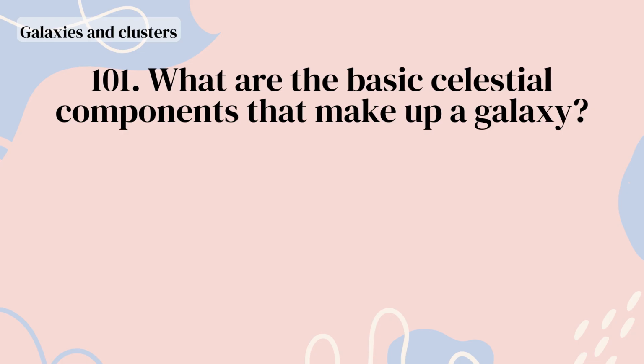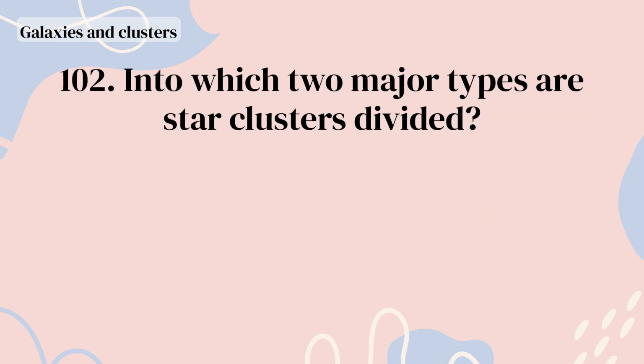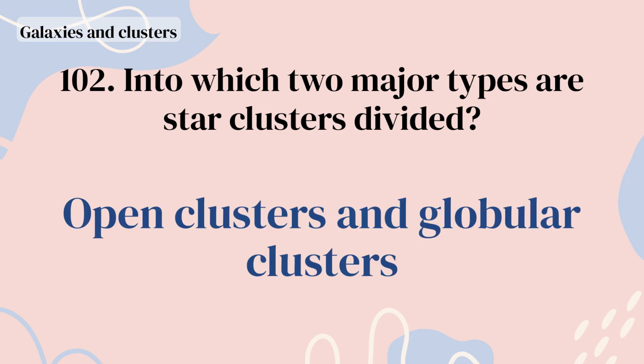What are the basic celestial components that make up a galaxy? Stars, gas, dust, and dark matter. Into which two major types are star clusters divided? Open clusters and globular clusters.